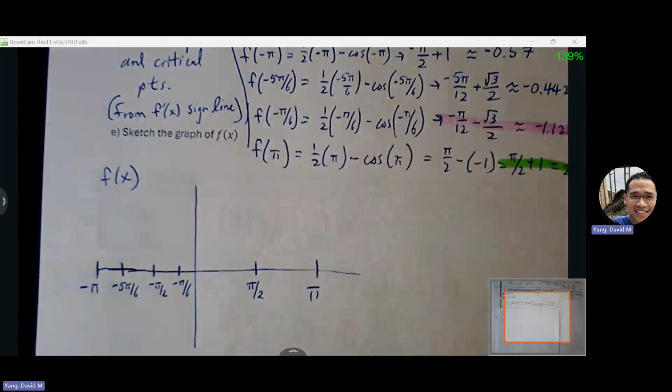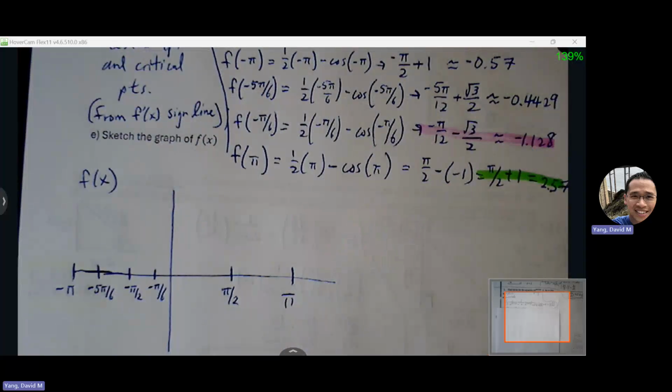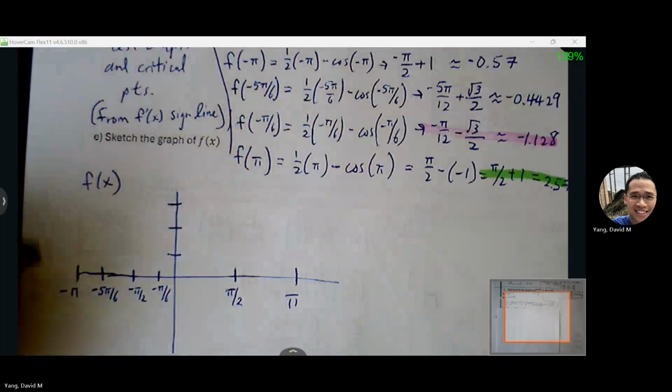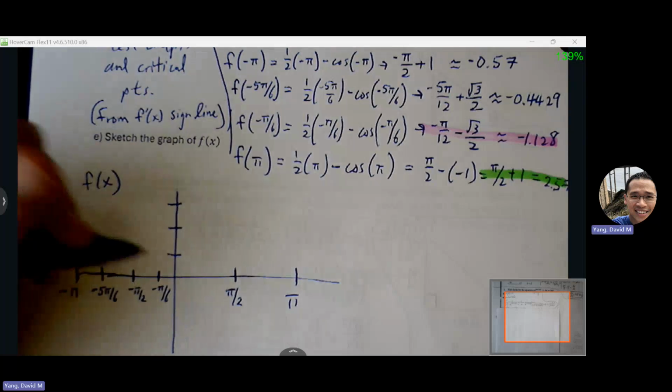You can scale them however way you want to. Looks like my highest y value is going to be closest to 3, and then my lowest y value is going to be barely past negative 1.